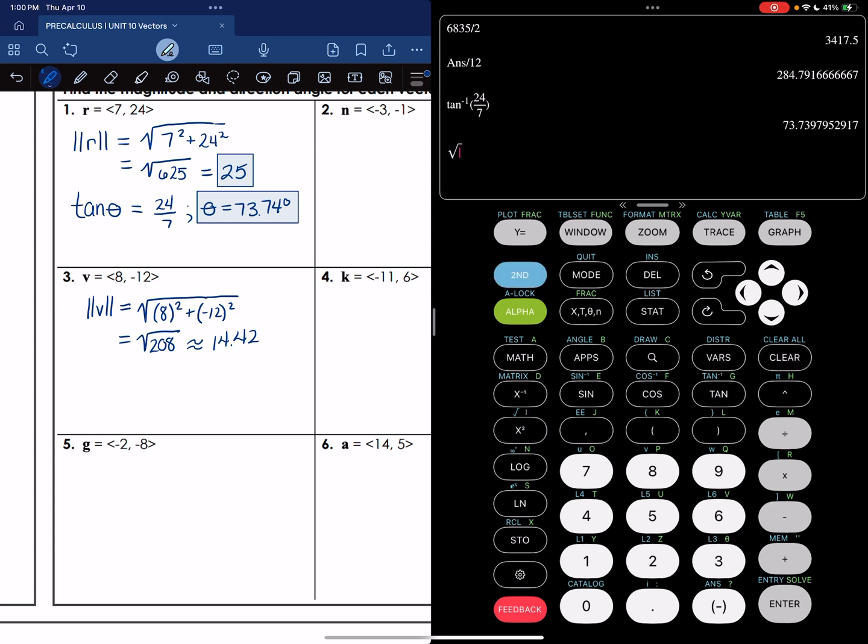If I take the square root of 208, 14.42 as a decimal approximation. It's not exact because it has been rounded.